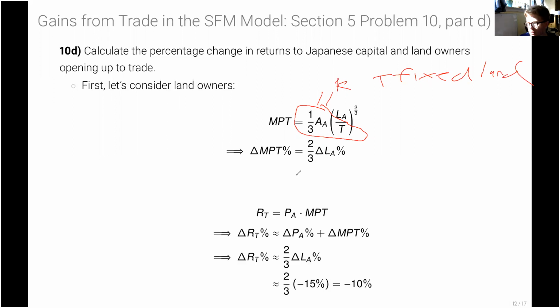So going back to what I had written, the percent change in the returns to land is given by the percent change in the marginal product of land, so that's 2/3 times the percent change in LA. Recall that we said in part 9 that the percent change in LA is equal to -15%. Plugging that in, 2/3 times -15% gives us -10%. And so landowners' returns have decreased by 10%.